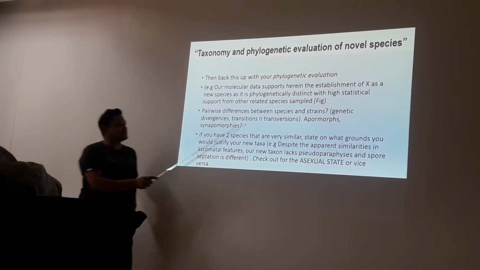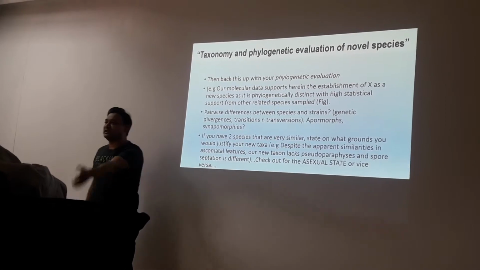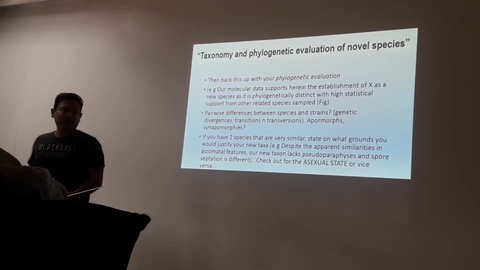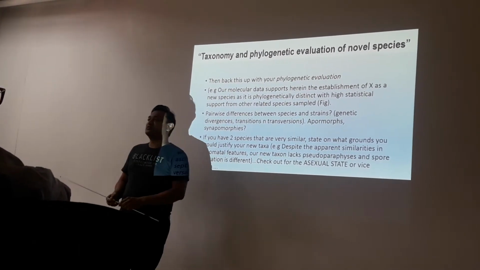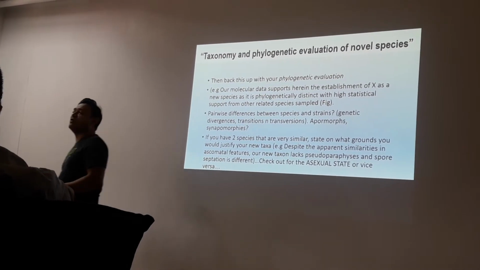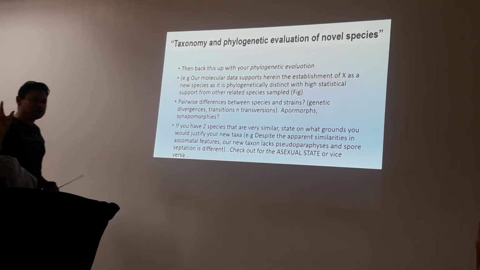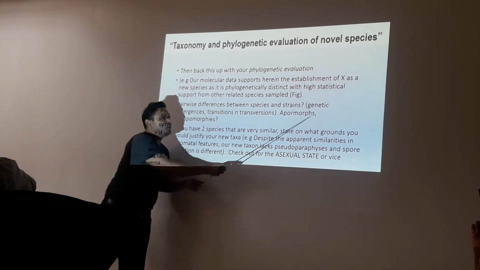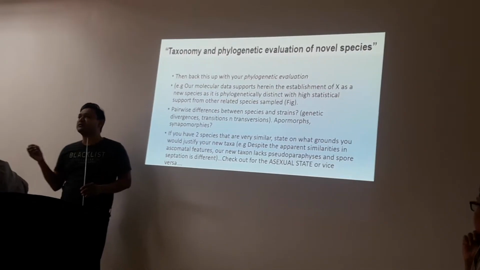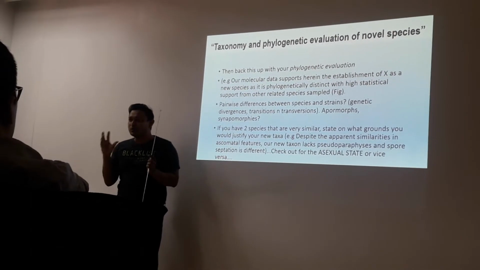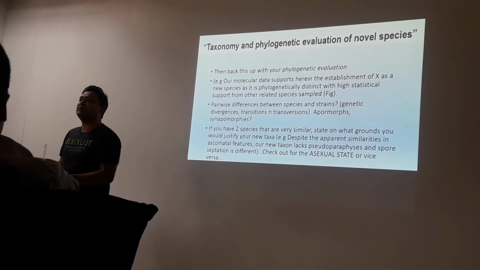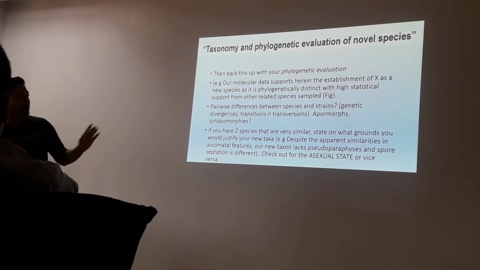Again, what's interesting when you talk about any new species is apomorphs. I explained before what an apomorph is. Under most circumstances, whenever you have a new species, you want to try to find where that apomorph is.